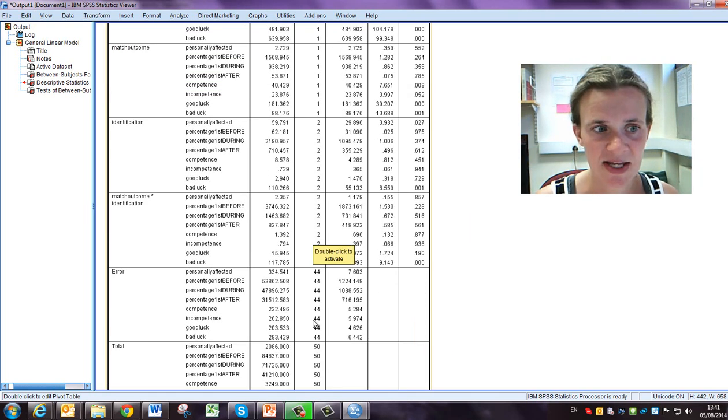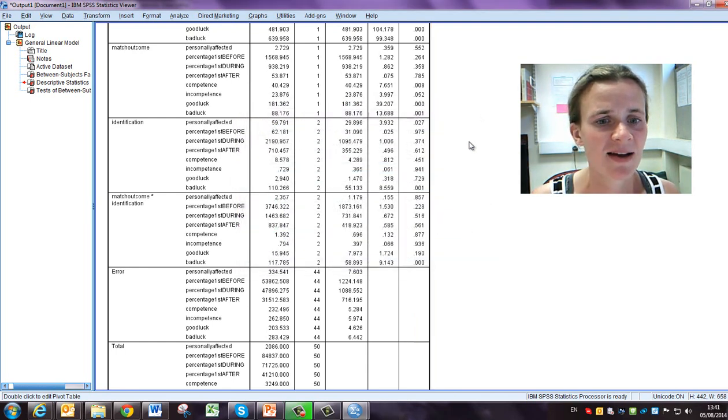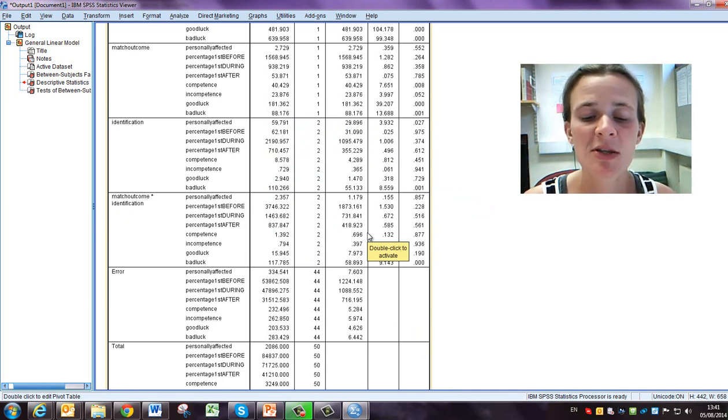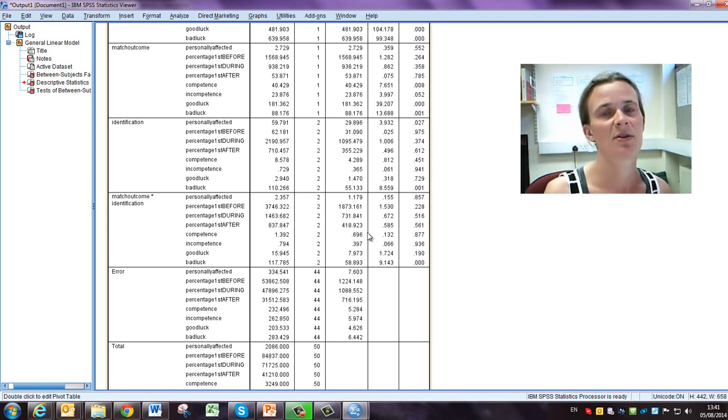Now, this is where we get to the really nitty-gritty. Match outcome by identification interaction. Because we predicted that only those people who identify really strongly with a team would be more likely to say, oh, when they lose, bad luck.